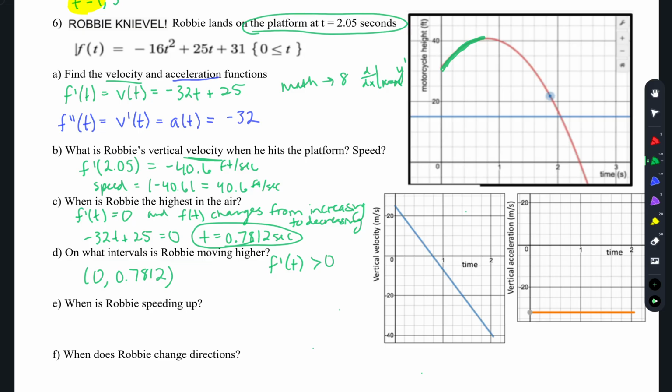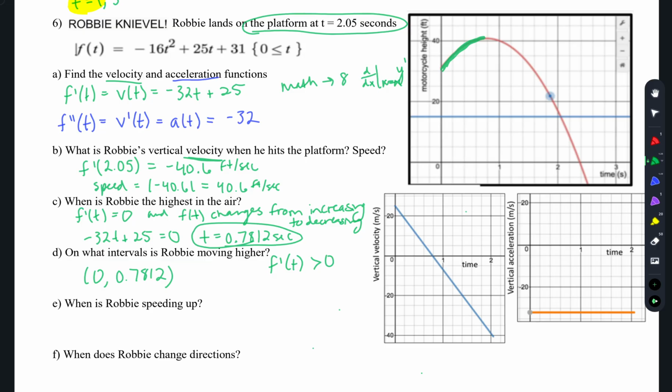When is he speeding up? This one is why I always think of Robbie for this speeding up business. Speeding up, you want to think about gravity and where you're going working together. Here I'm slowing down because I'm going against gravity. I'm going up, but I'm slowing down because I'm not just shooting up to the stars, right? Gravity is working against me.